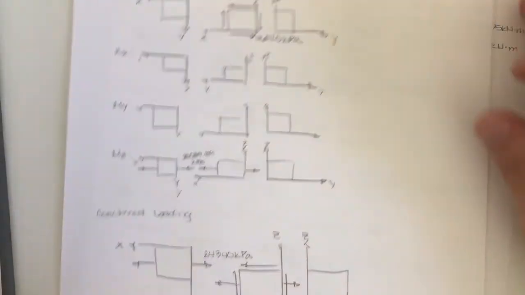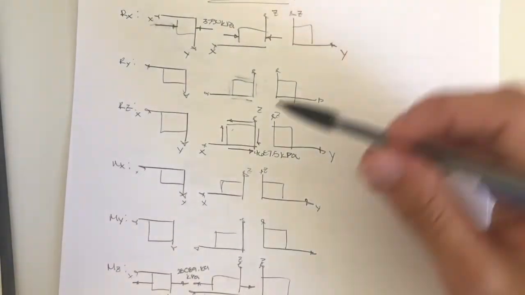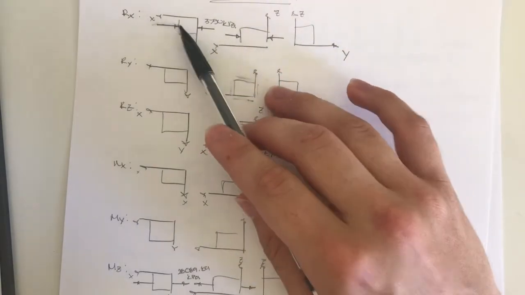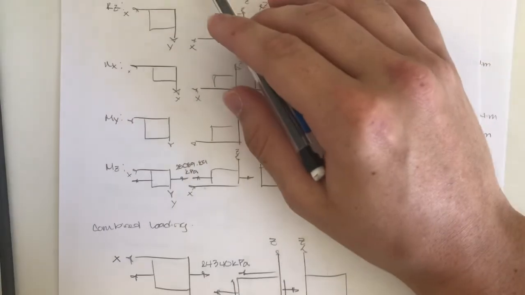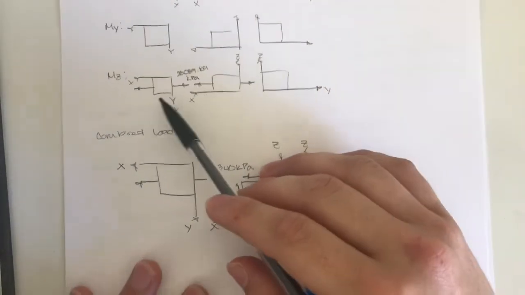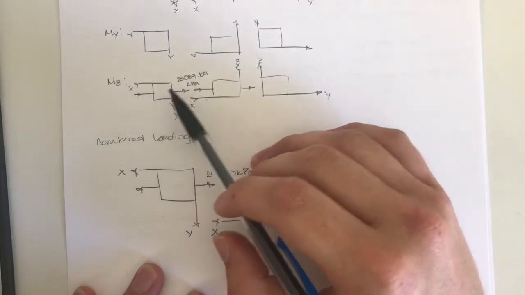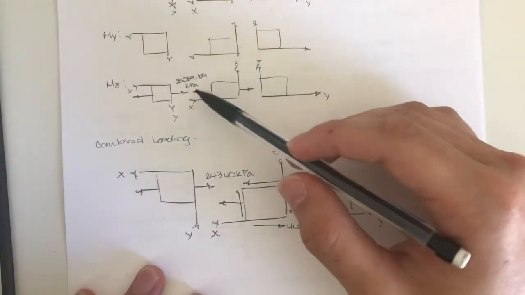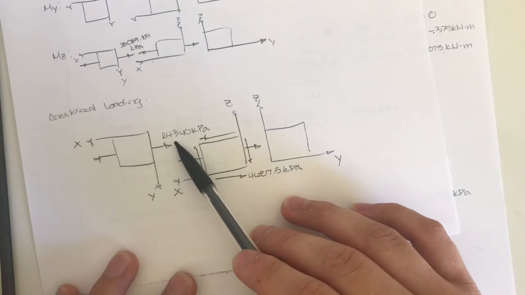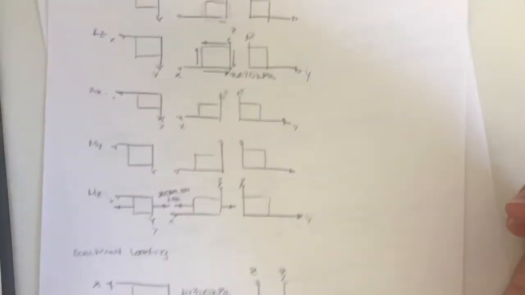Found that value, and then from our stress blocks here, we subtracted this compressive stress in the X minus this stress in the X for the moment in the Z, and we got 24,340 kilopascals.